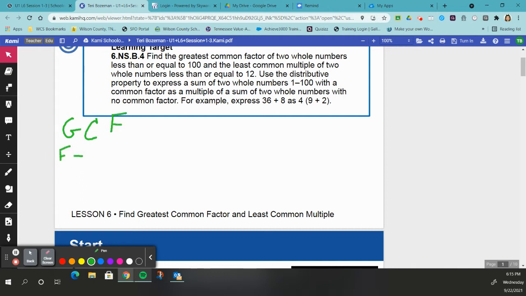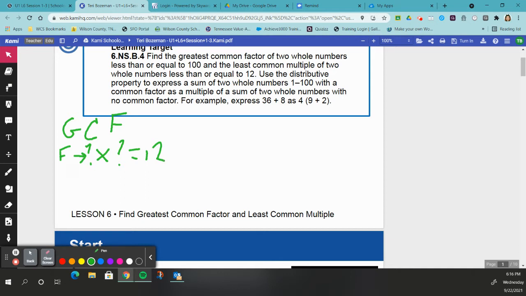So factors are those things that you multiply together to get a product. So something times something equals 12. Well, the two numbers that you multiply together to get to 12, those are factors. Well, 12 has more than two factors. There's more than two numbers that you can multiply together to get to 12.